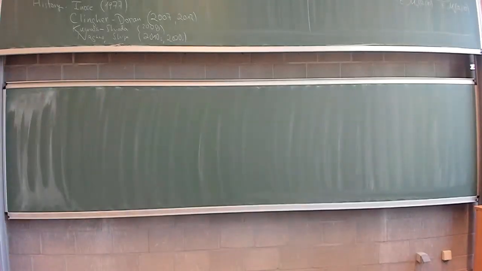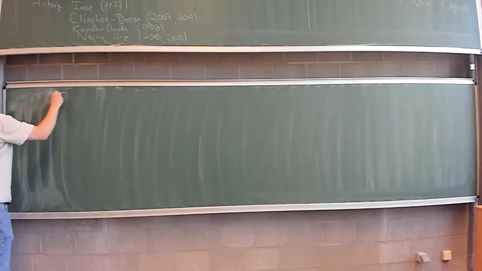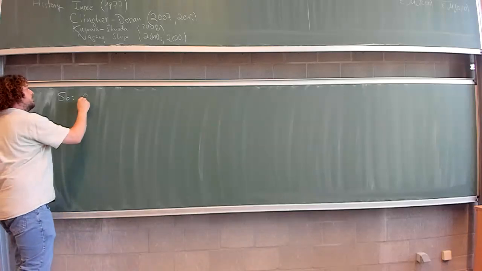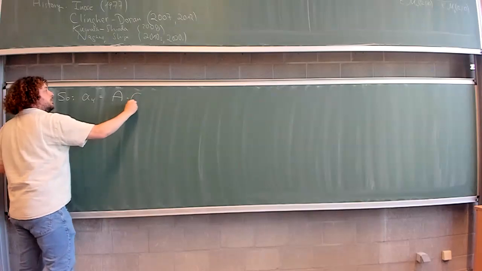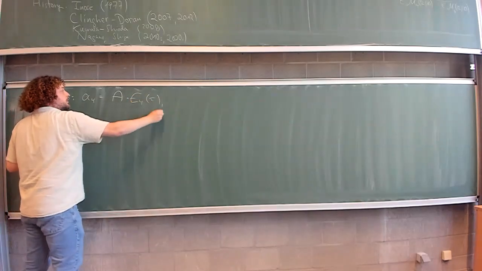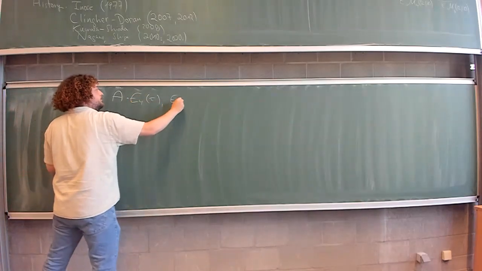And it's known, or at least I'll assume it's known, that this implies that A4 and A6 are constant multiples of the Eisenstein series.